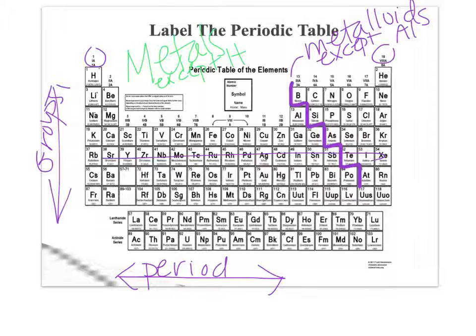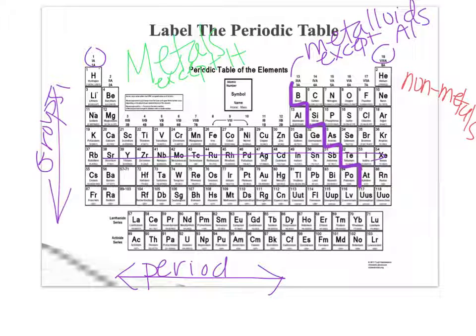And then everything on the right side of that zigzag line are the nonmetals. Running out of room here, sorry. As you can see by looking at the table, there are a whole lot of metals compared to the metalloids and the nonmetals. And remember we said the metalloids are some of the semiconductors.